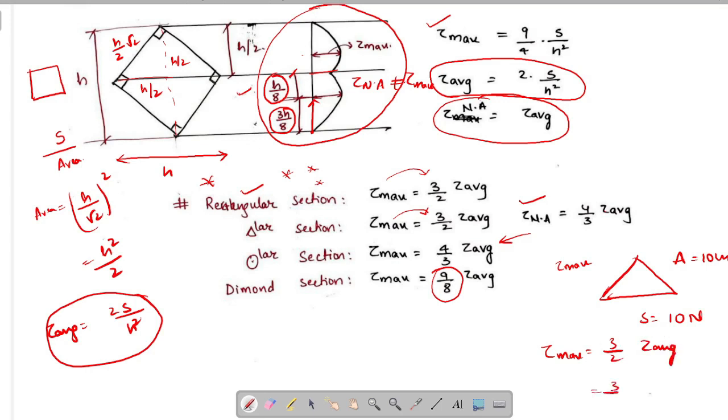That means 3 by 2 into tau average, which is nothing but shear force acting by area of cross section. That means it is equal to 3 by 2 Newton per centimeter square. That means without remembering the formula of tau max, by remembering the ratios, we can easily solve the problems. So don't forget to remember these ratios.